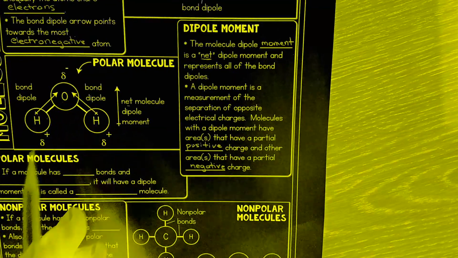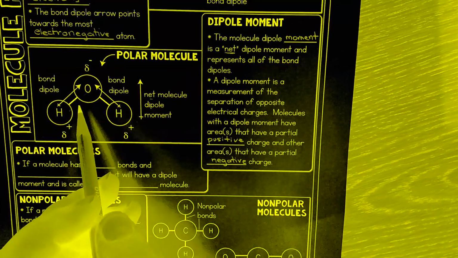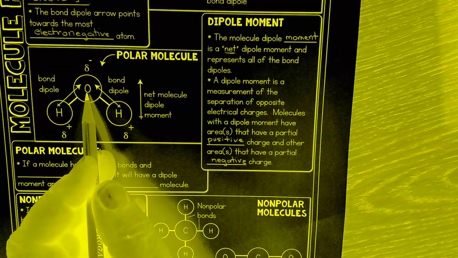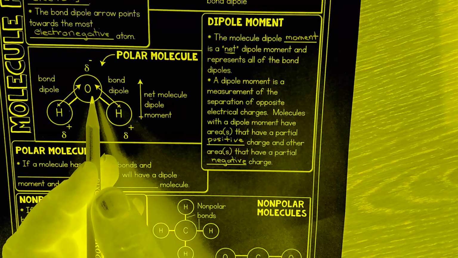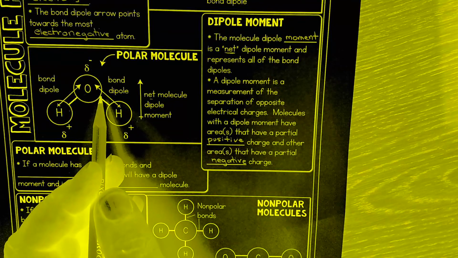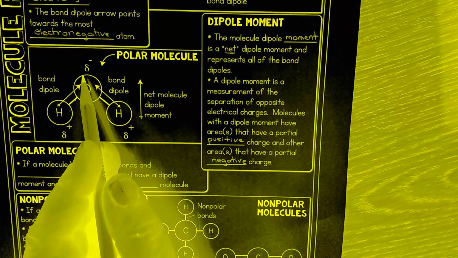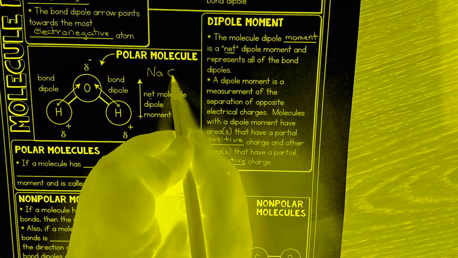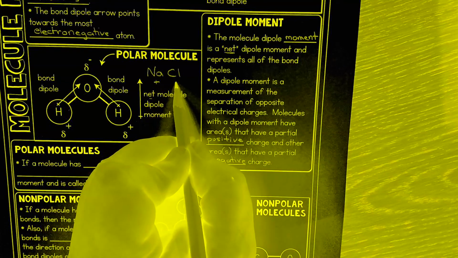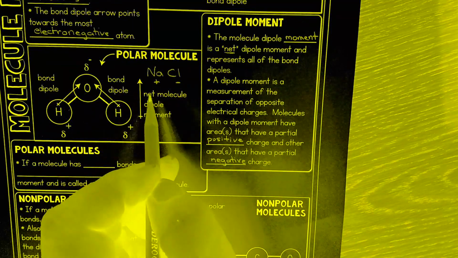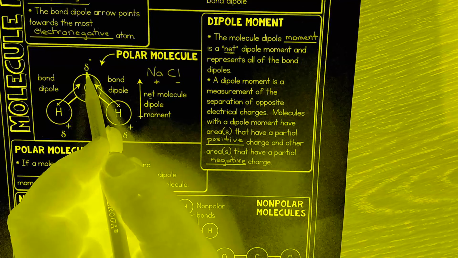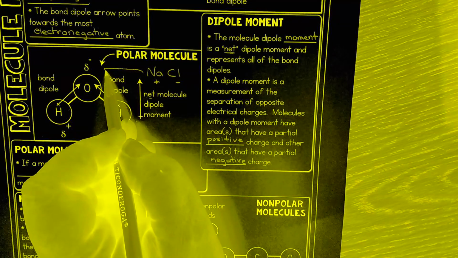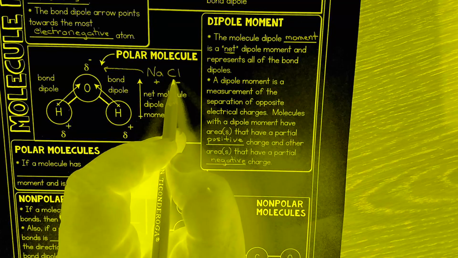It's also what makes water a very good solvent, which means it dissolves a bunch of different things because of the positive negative difference here. It will dissolve more things and pull them apart. Let's take sodium chloride for example, right? You have NaCl. The sodium is positive, the chlorine is negative. Well, with this water molecule, with these negatives and positives being so strong, the sodium is more attracted to the oxygen end of the water than it is to the chlorine.